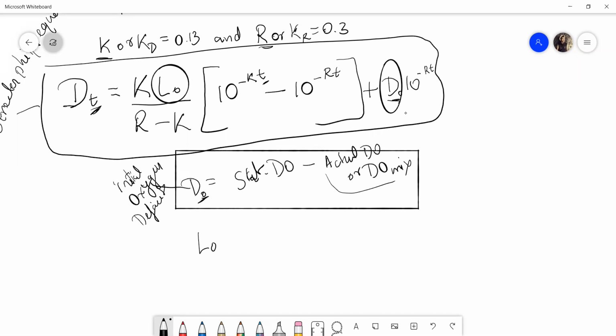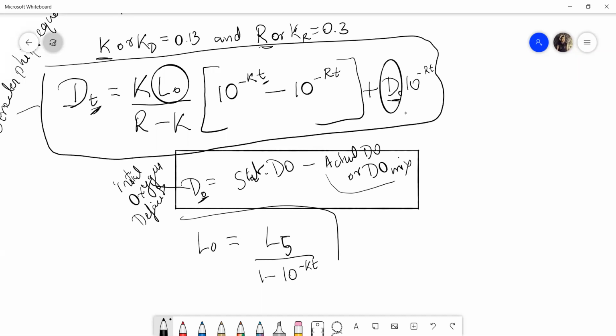L naught is initial BOD, which is equal to L5, or LT, divided by 1 minus 10 to the power minus KT. Okay, so this is the formula to find out L naught.